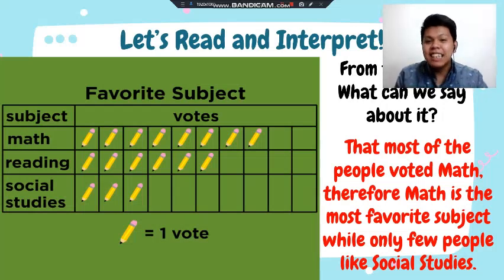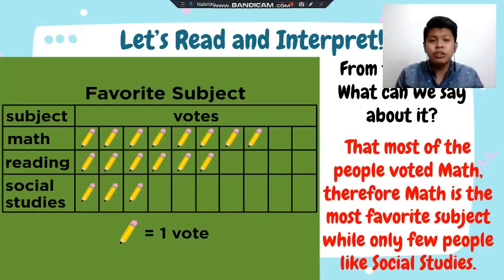Class, did you know that what we did was reading and interpreting already? When you are reading, class, or when you are inferring, it means you are able to answer a series of questions about the pictograph. That is how you read. And how did we interpret, teacher? We interpreted it by saying a conclusion.